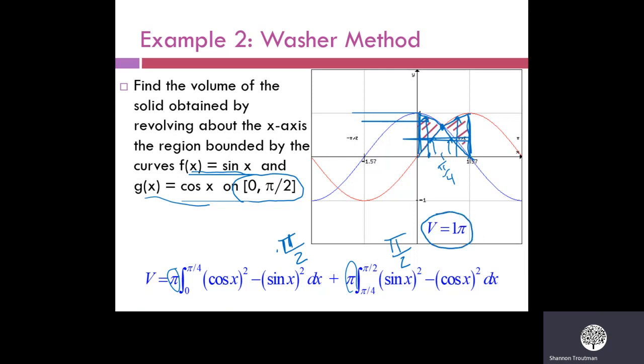Now, just to compare this with what we did with area: when we had area and it went under the x-axis, we had to make it positive. For volume by the disk or washer method, it should always come out positive if you set it up the correct way: furthest from your line of rotation squared minus closest to the line of rotation squared.